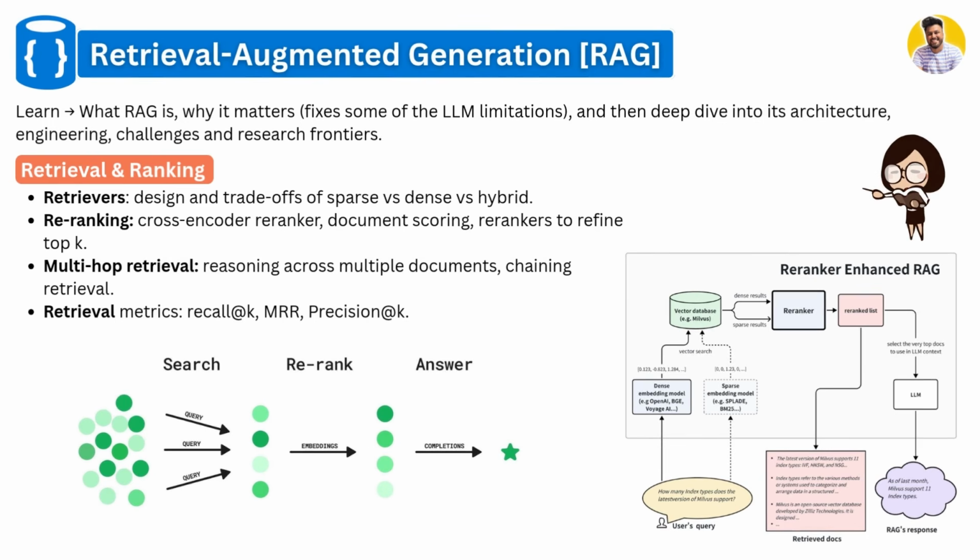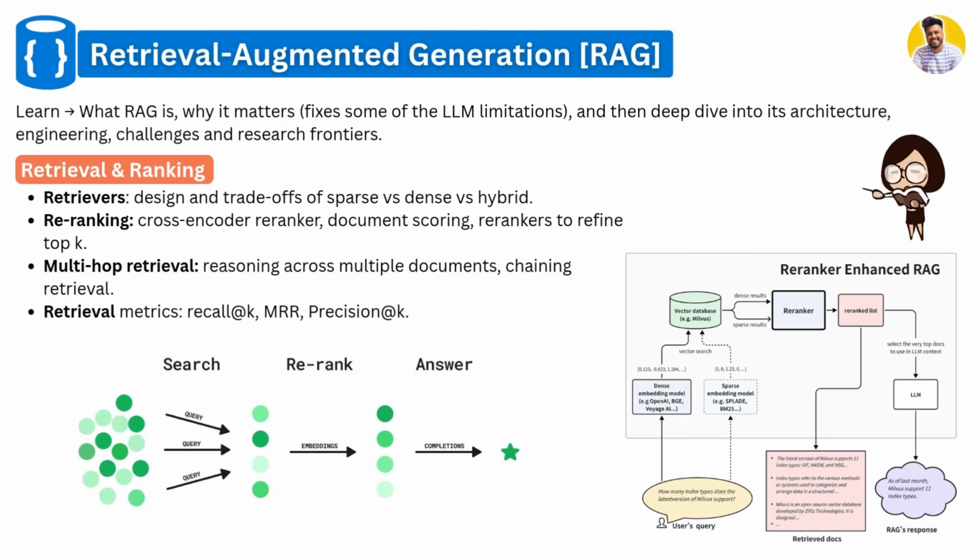You have to align them, you have to rank them in the top priority way, which is the most suitable context for your query. So you have to rank them. You can use methods like the cross-encoder ranker or any kind of machine learning models there as well. And there is also a concept called multi-hop retrieval for reasoning across multiple documents, or chaining retrieval in graph databases or graph vector DBs like Neo4j as well.